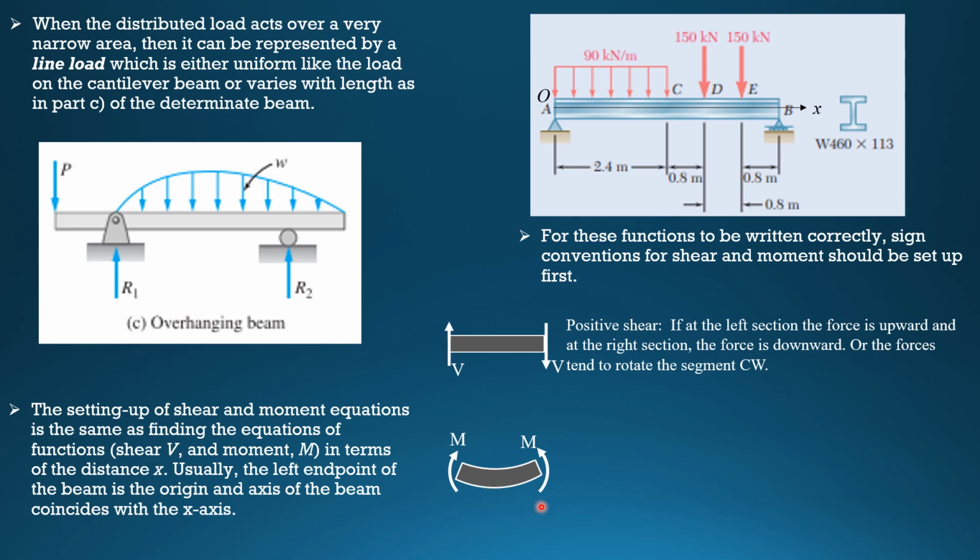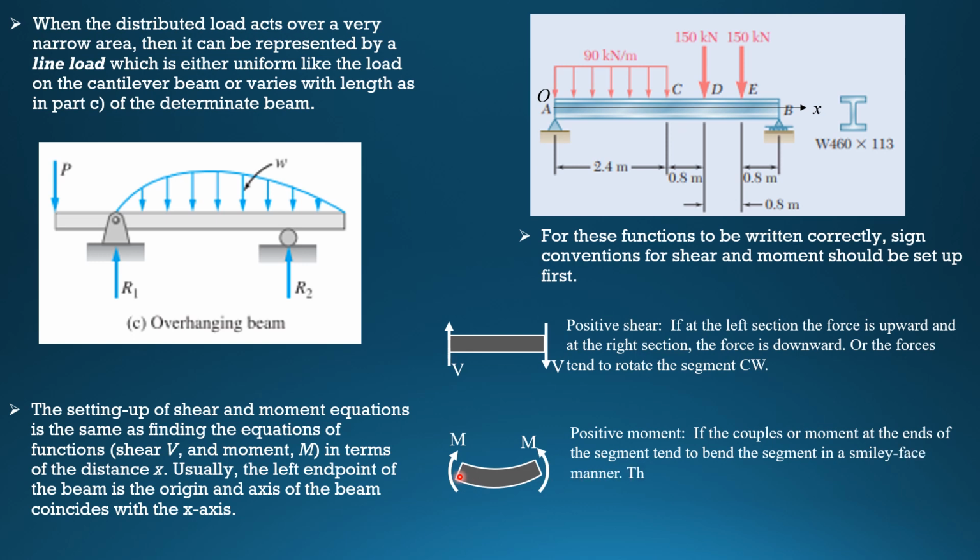Of course, the opposite one, the sad face, is the negative moment, wherein the moment at the left is counterclockwise and the moment at the right is clockwise. So for positive moment, just remember if the segment of the beam causes this smiley face shape, then it is a positive moment, clockwise at the left, counterclockwise at the right.